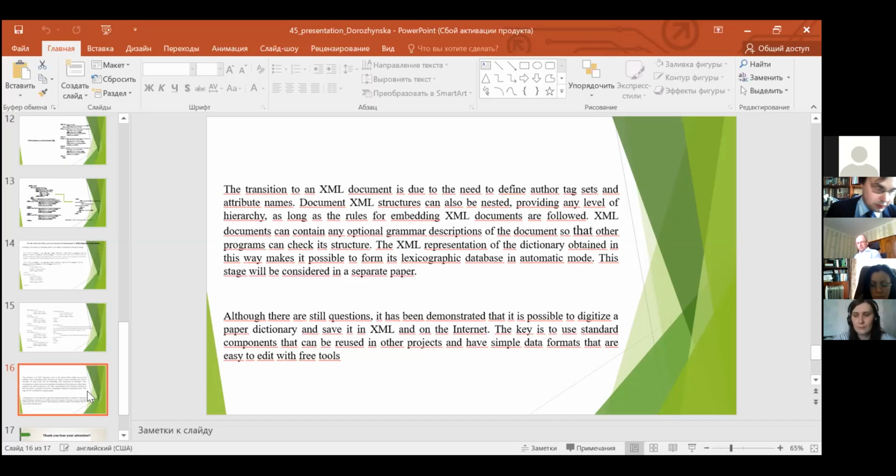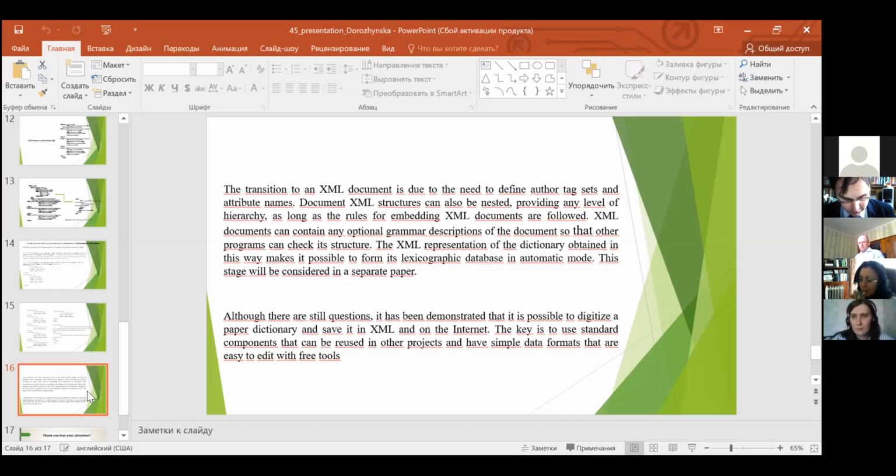XML documents can contain an optional grammar description of the document so that other programs can change its structure. The XML representation of the dictionary obtained in this way makes it possible to form its lexicographic database in automatic mode. This stage will be considered in a separate paper.